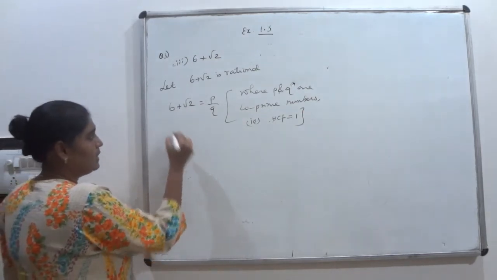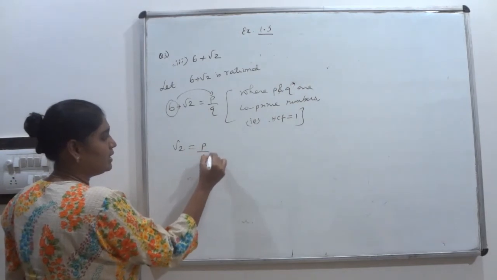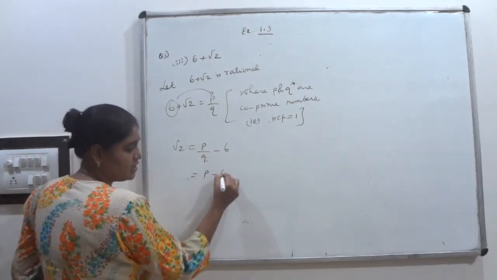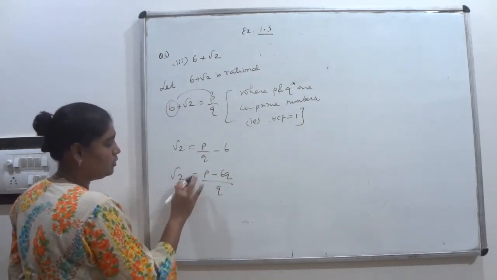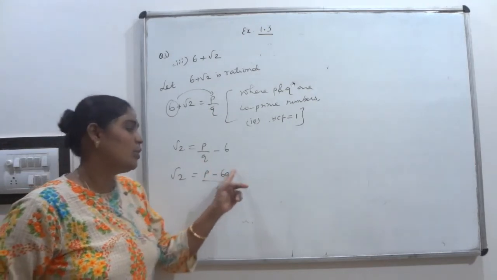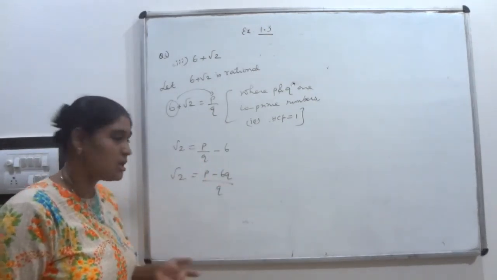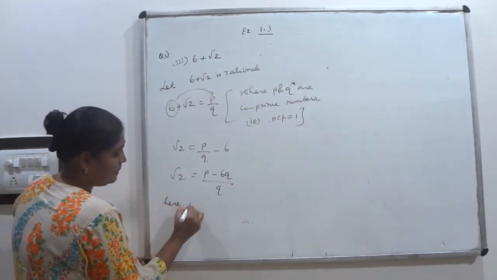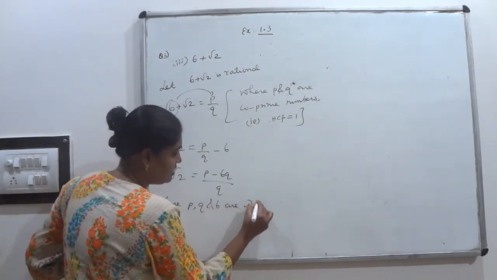So plus 6 goes outside, minus 6. So P upon Q minus 6. Take the LCM, P minus 6Q upon Q. This is root 2. See here, P, Q and 6 are integers. Therefore, we can tell that it is a rational number. Here, P, Q and 6 are integers.